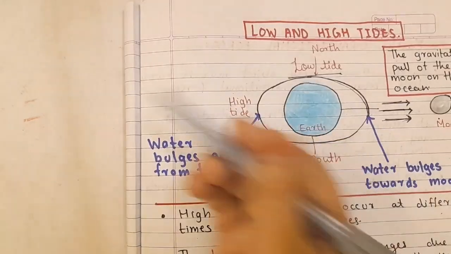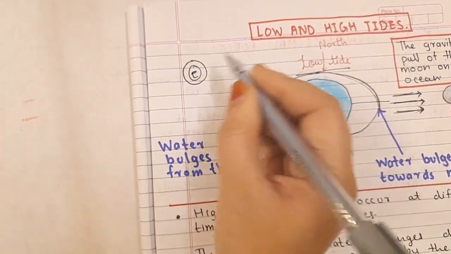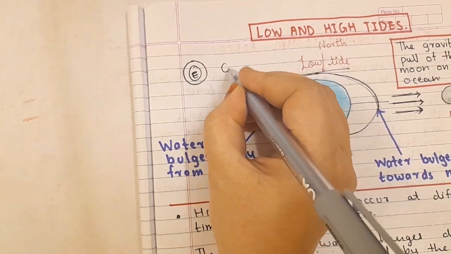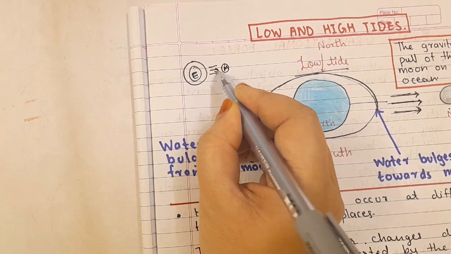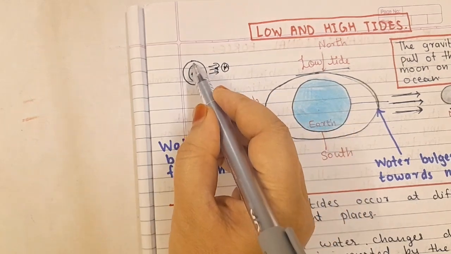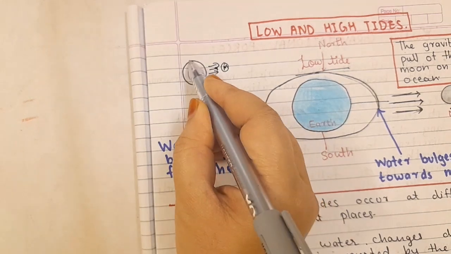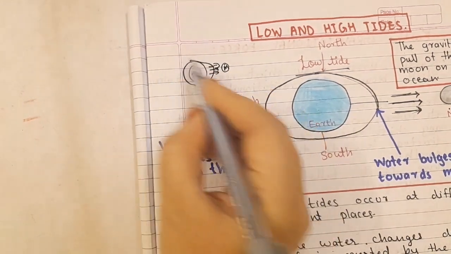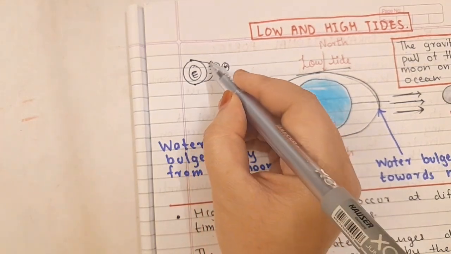Now students, suppose this is the Earth, and this is the water surface surrounding it. In this direction we have the moon. Due to the gravitational pull of the moon, the water directed towards the moon bulges outward. The water level towards the moon rises up.